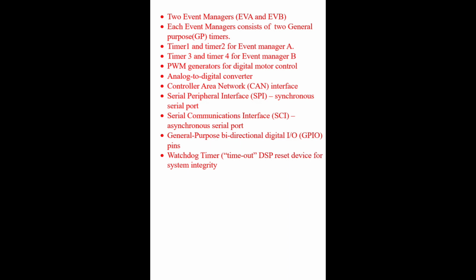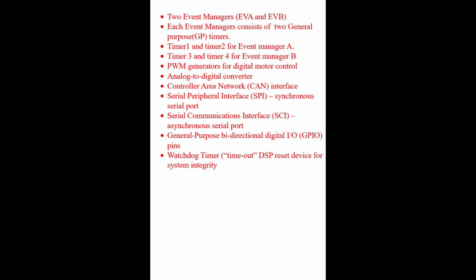This communication takes place between the DSP and any input output device which is connected with the DSP. So this serial peripheral interface will work with the same clock as the external device.